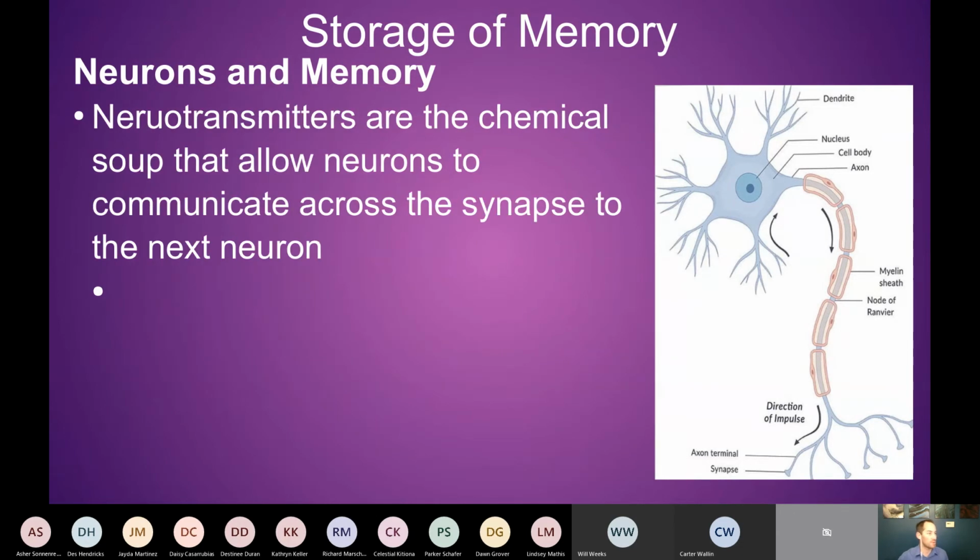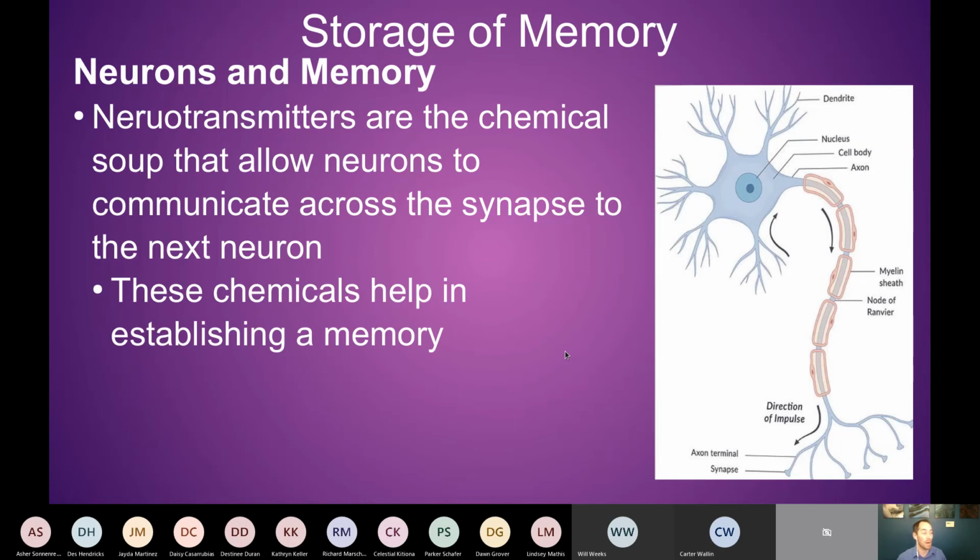Neurotransmitters are those chemicals at the synapse. The electrochemical signal comes down the axon, and here it will release that chemical into the synapse, which will then connect with the dendrite or the cell body of another neighboring neuron or multiple neighboring neurons, and allows it to communicate.